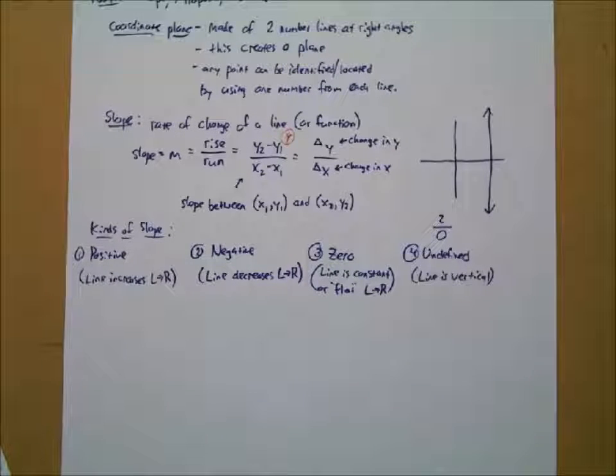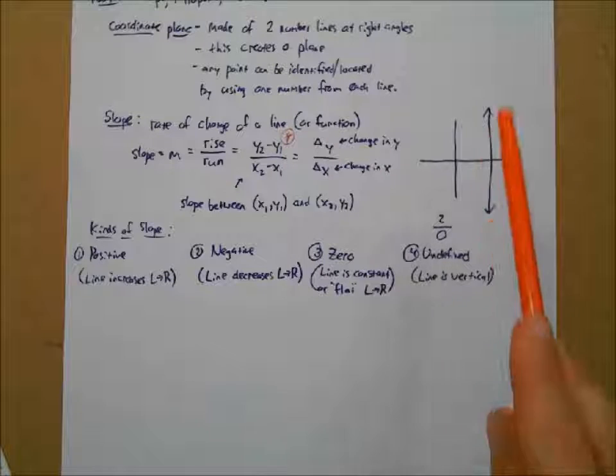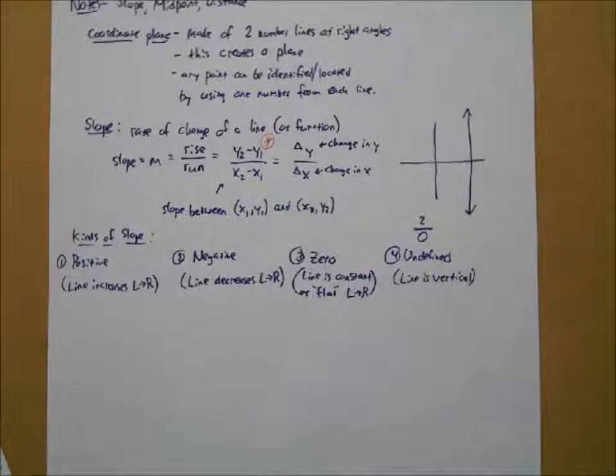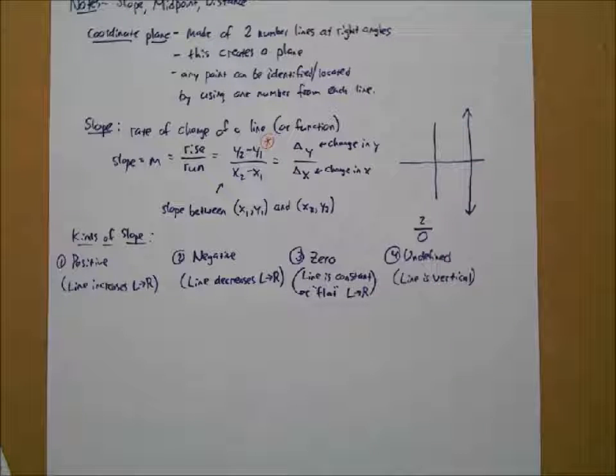What if I pick any 2 points on that vertical line right there, which coordinate is not going to change? Which coordinate will stay the same for any point that's on that vertical line? The x-coordinate will stay the same, right? Because this line does not move left or right at all.